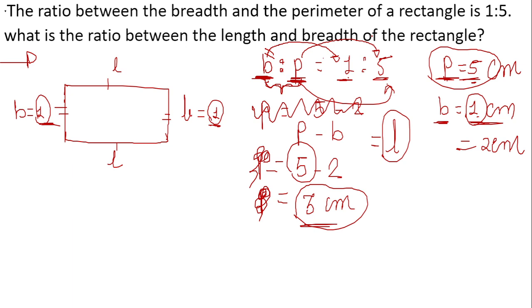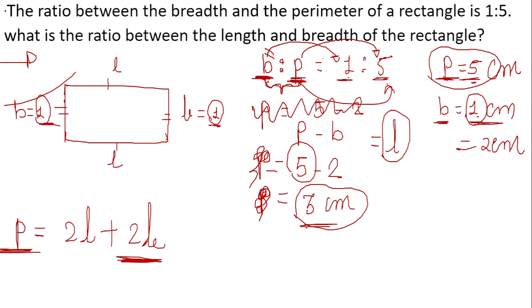Total perimeter minus total breadth will give me the length. As we know that perimeter is 2L plus 2B. So I have the value of perimeter, I have the value of breadth, I'll get the value of length, that is 3 centimeter.